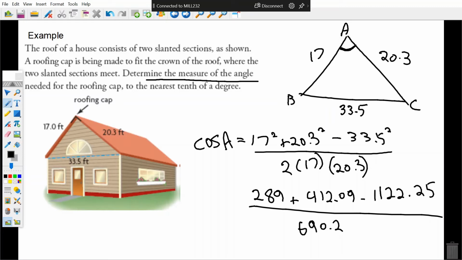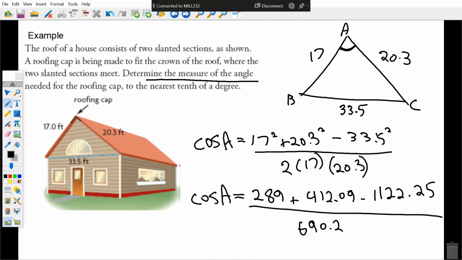Now, one thing you may be noticing is that we're going to end up with a negative number on top. When we go 289 plus 412 minus 1100, we're going to end up with a negative value to deal with for our cos. But that's okay, because as we learned in 4.1, the negatives are sort of to be expected when you're dealing with cos and obtuse angles. So 289 plus 412.09 minus 1122.25 equals negative 421.16.